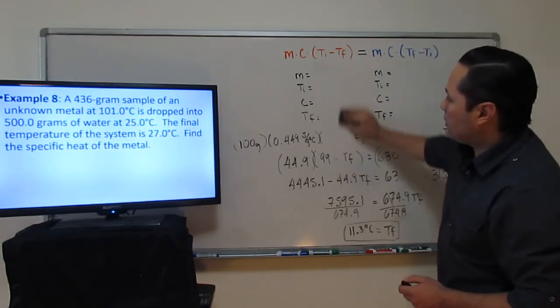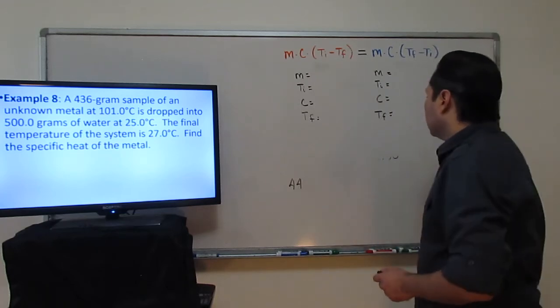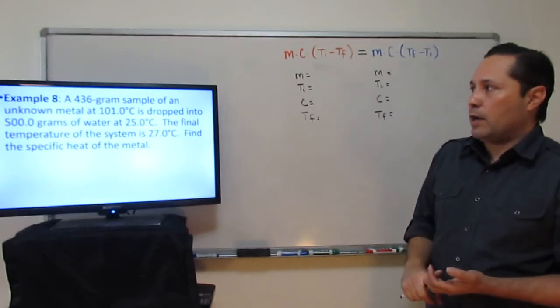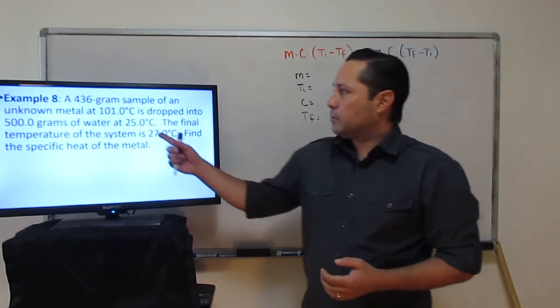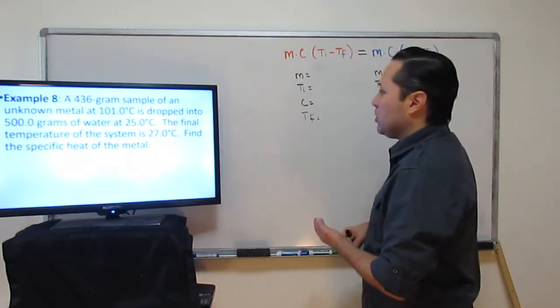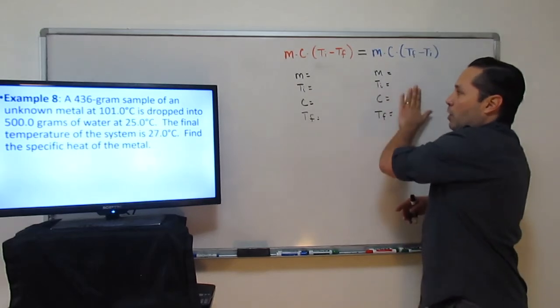All right, so let's erase everything we've got here and write down all the values that we've got. Now, I do know that the initial temperature of the metal is 101. That one's much hotter than the initial temperature of the water. So therefore, the metal we're going to put on the left, the water on the right.